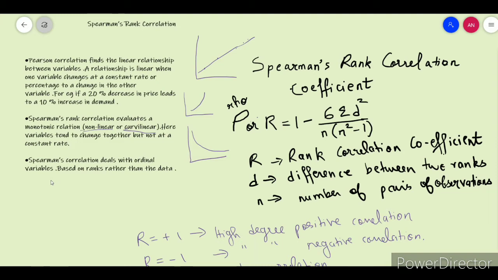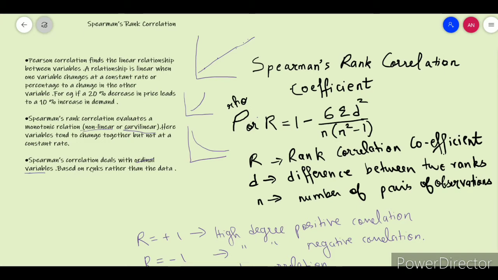But in case of Spearman's rank correlation, we do not deal with data, but rather with ranks that have been assigned to the data. And Spearman's correlation deals with qualitative or ordinal variables.